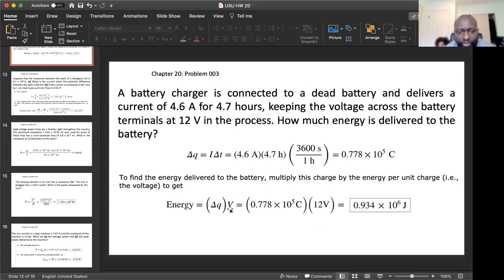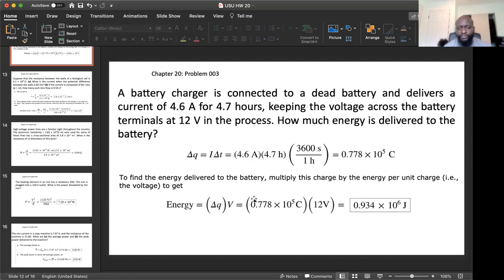The charge times the volts is the energy. Because they are asking, 0.934 times 10 to the 6 joules becomes the energy.